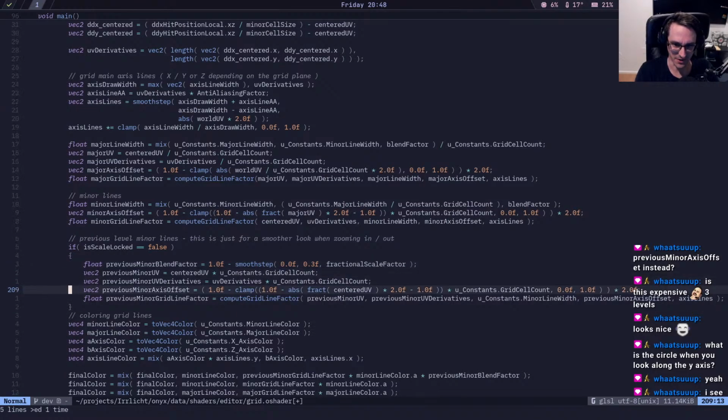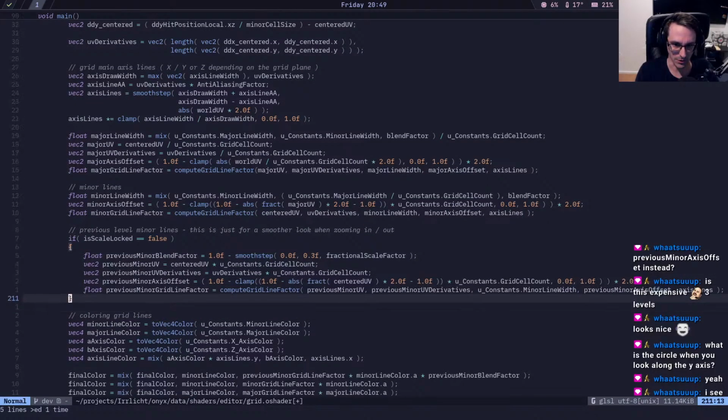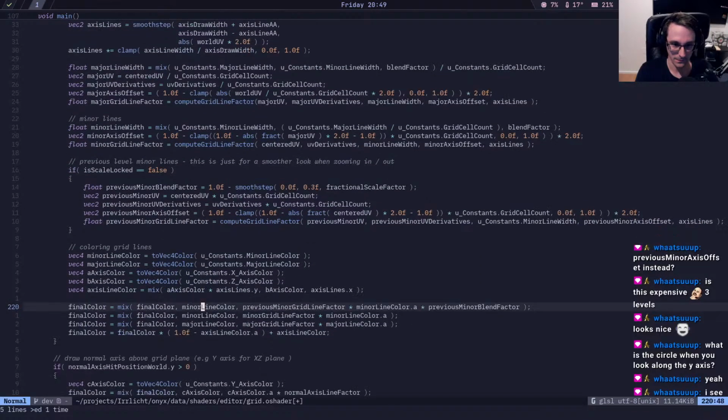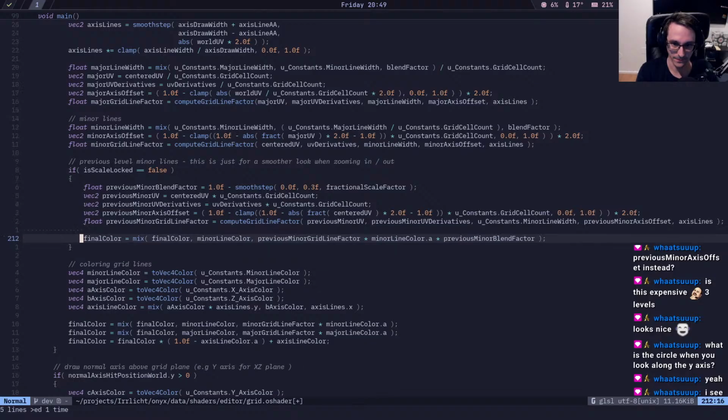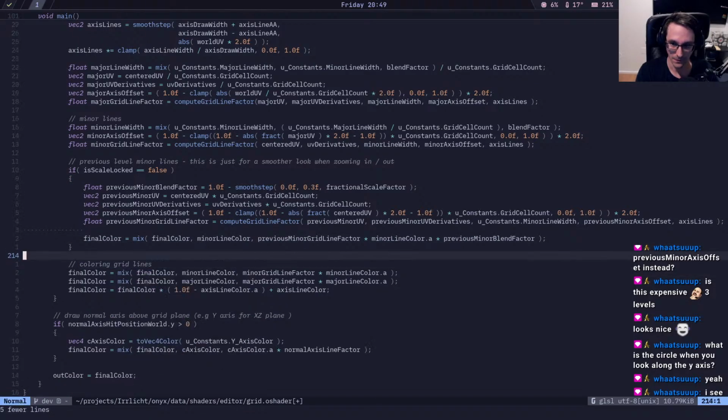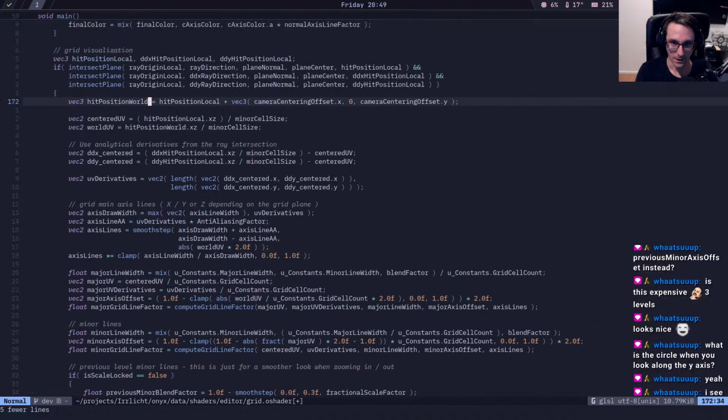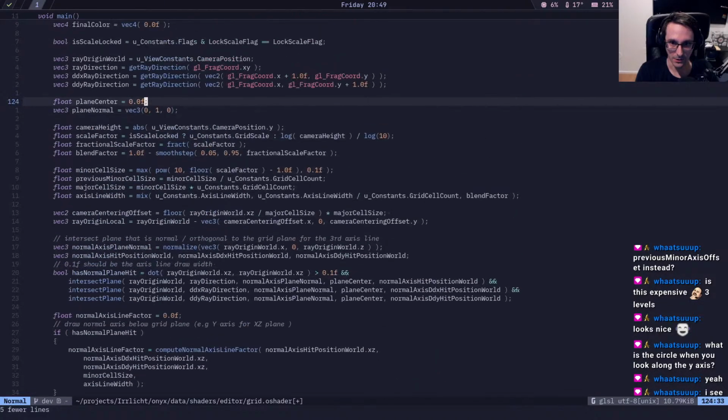So basically, if the scale is locked, we never render a third one. Guess we put that in here. Line colors we can retrieve up here.